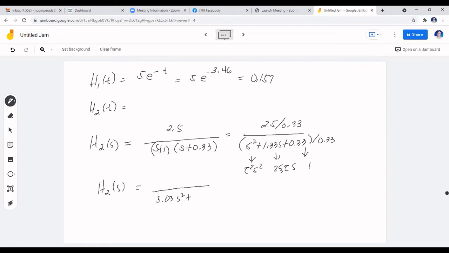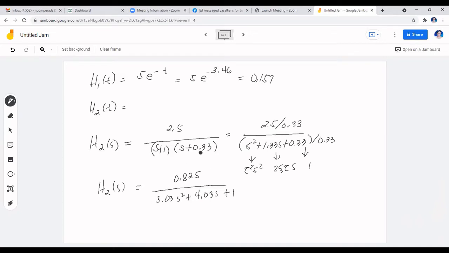That would be 4.03 S. And you will have here now 1. Your numerator, you have here 0.825.